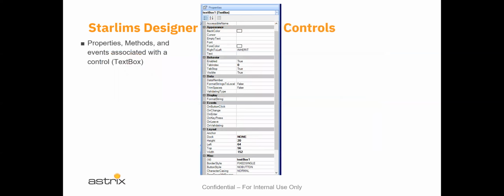So here's an example of the text box properties. You've got the appearance control category, behaviors, whether or not using the tab key on your keyboard when executed multiple times, whether or not that control is one of the stopping points for the cursor, whether in fact it's visible.